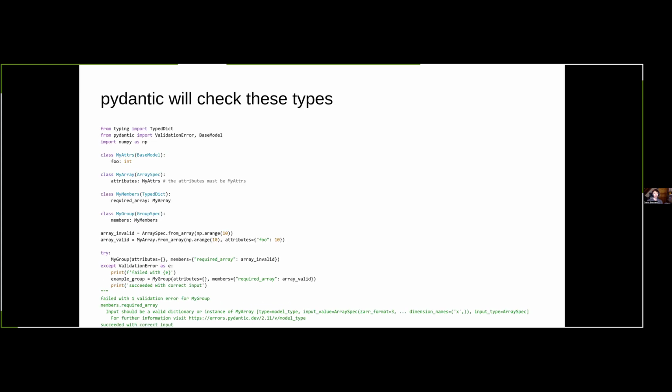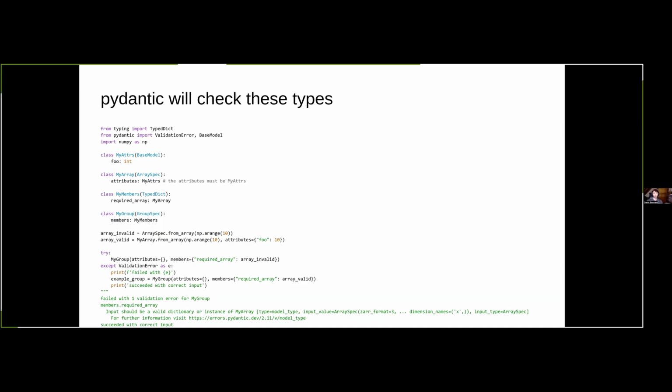And because this is Pydantic, and because we've defined Zarr arrays and Zarr groups as Python classes with type annotations, we can ask Pydantic to check the types of the elements of the Zarr hierarchy. So here I'm going to import TypedDict to model a dictionary where there's a key that must be there and a type that we expect to be there.